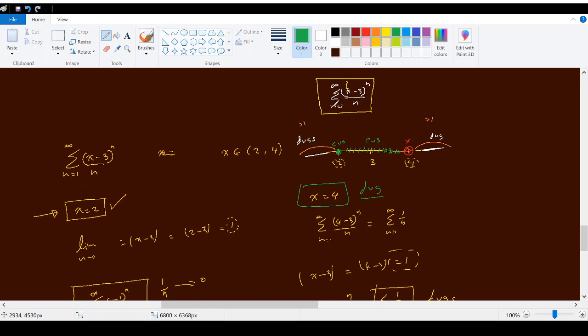I will discuss it in a later video, but just for the time being, what you have to identify is that when you are given a power series, there are some specific values of x which will do a different job. So for these values of x, it will converge, and for these values of x, it will diverge.